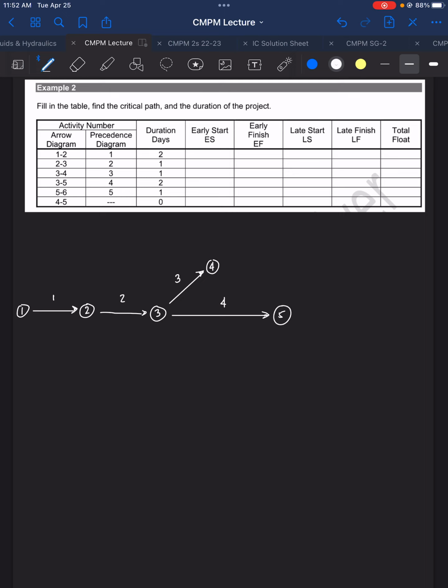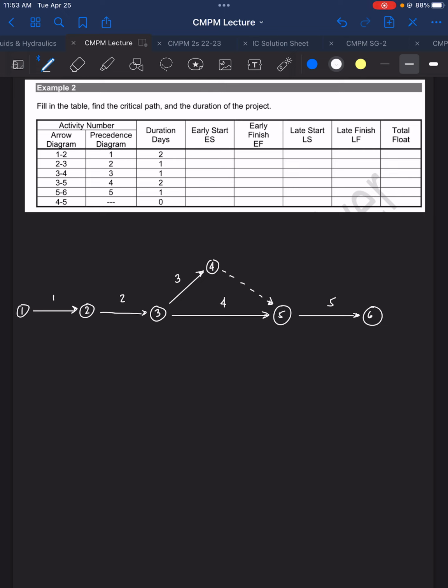And then there is no activity from 4 to 5, which means we have here a dummy activity from node 4 to 5. Then we have 5 to 6. So this is our last activity, activity 5.